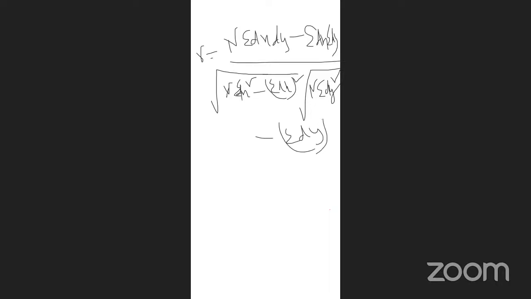This is the formula for the assumed mean. If we take it into account, this is the formula we should apply and we need to work out the correlation. So these are the two methods which we have.